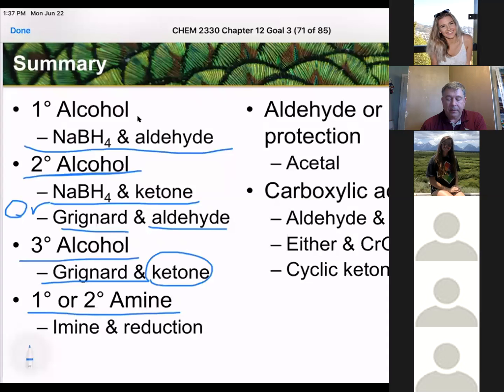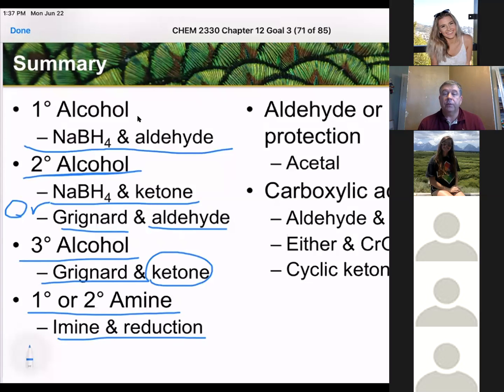To get a primary or secondary amine, you can use that reaction where we use a nitrogen nucleophile to displace the carbonyl and then reduce down. If we want to protect an aldehyde or a ketone, we use the acetal.